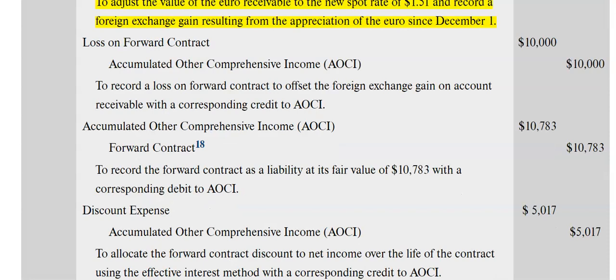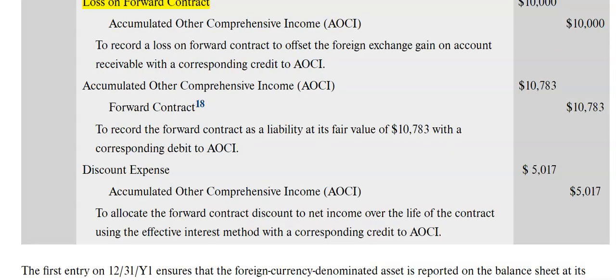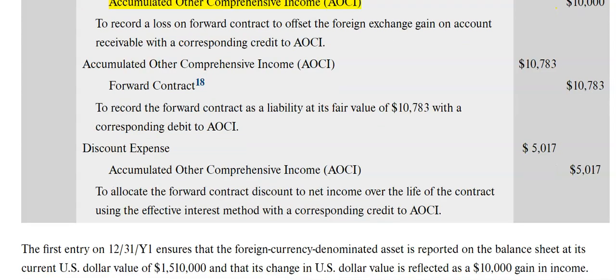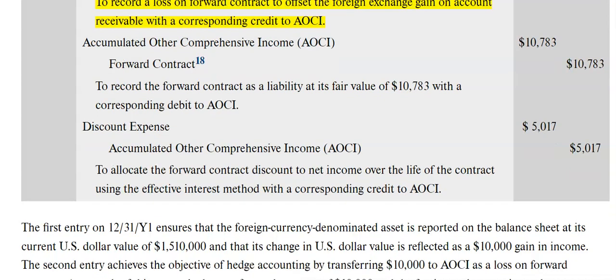To adjust the value of the euro receivable to the new spot rate of $1.51 and record a foreign exchange gain resulting from the appreciation of the euro since December 1st. Loss on forward contract, $10,000. Accumulated other comprehensive income, AOCI, $10,000. To record a loss on forward contract to offset the foreign exchange gain on account receivable with a corresponding credit to AOCI.